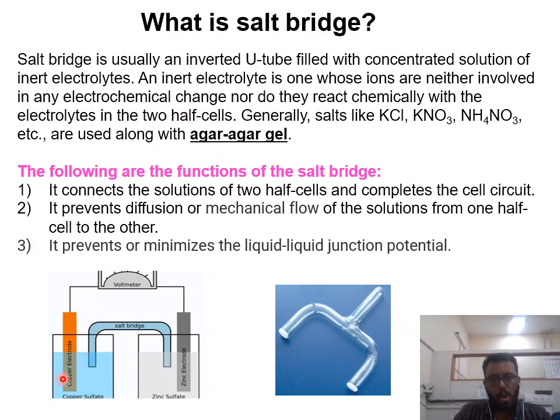You have two half cells, you connect them with an inverted tube, and inside the inverted tube you take a concentrated solution of inert electrolyte like KCl, potassium chloride. The examples include potassium chloride, potassium nitrate, ammonium nitrate, any concentrated solution you can take, 1 molar, 2 molar, saturated KCl you can take, and you can form the salt bridge.